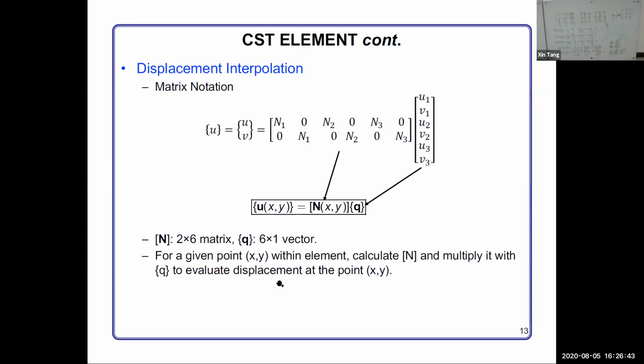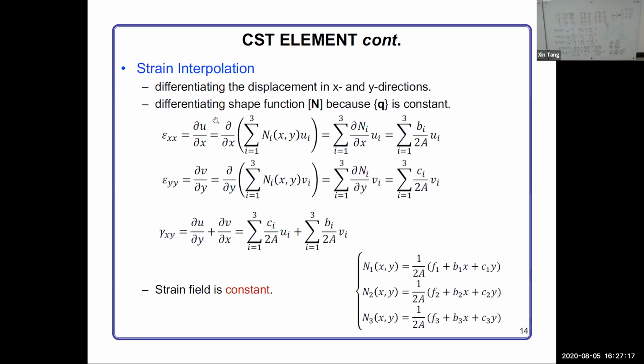For any point in that triangle, you can put the coordinates x and y into N1, N2, N3, which contain x and y, and then multiply by the constant matrix. It will give you the displacement at that x and y point.